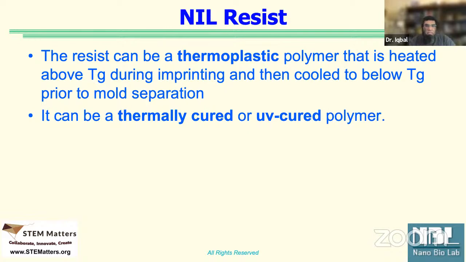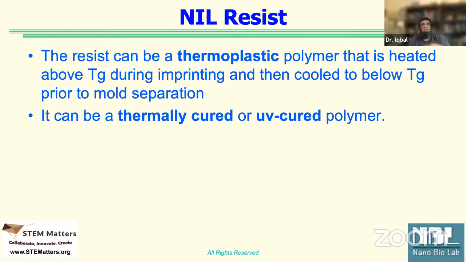And that temperature is called TG, the glassification temperature. So while you push it down, we can heat up so our resist can go above TG. And as soon as it hardens, we remove the mold as the temperature comes down to the TG.